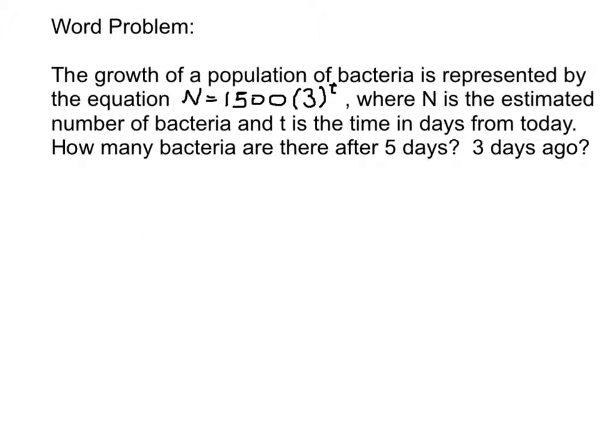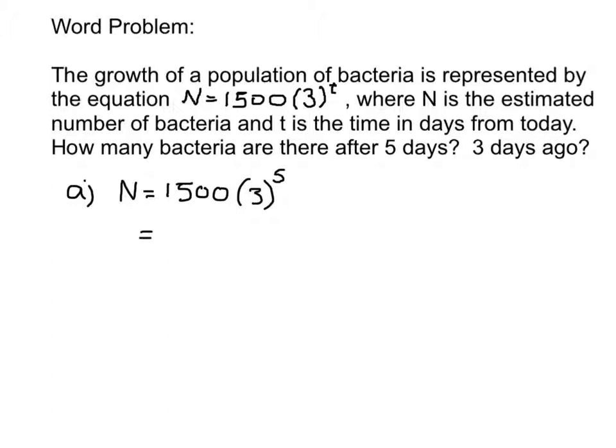So to solve the first part of this question, we want to see how many bacteria there are in 5 days. So we start with our equation, and t is the time in days. So 5 days from now is positive 5 for t.